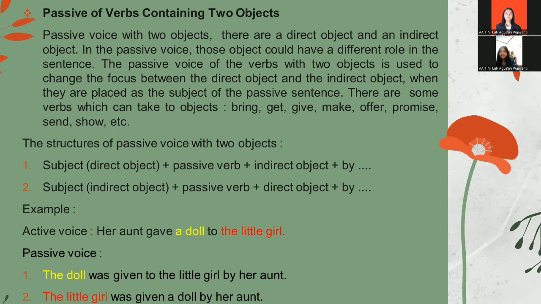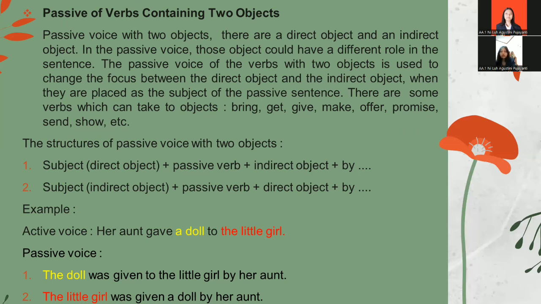For example, in active voice, her aunt gave a doll to the little girl. In the active form, we can know which one is the direct and indirect object: a doll as the direct object and the little girl as the indirect object.